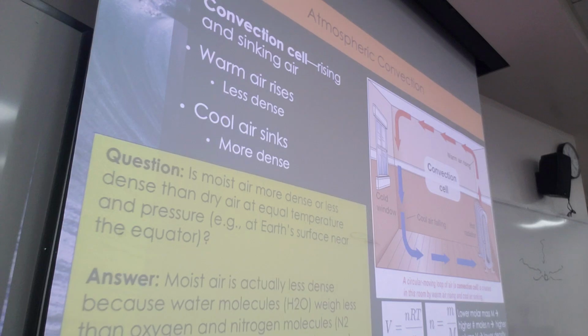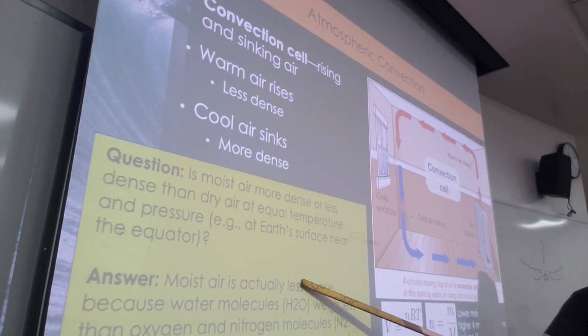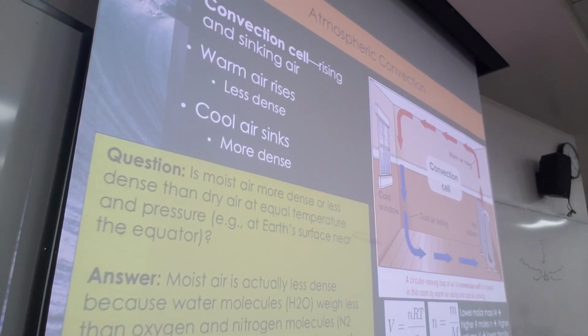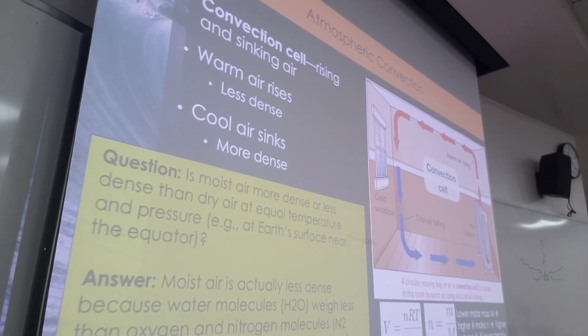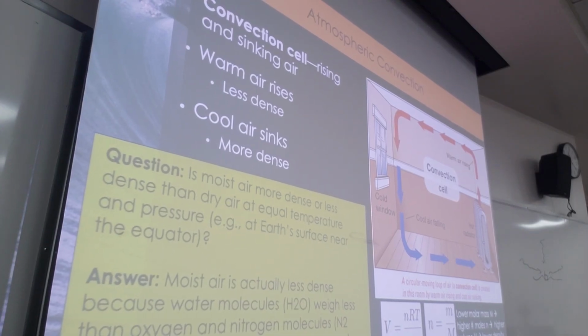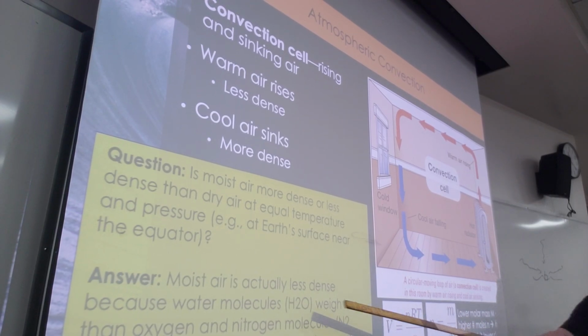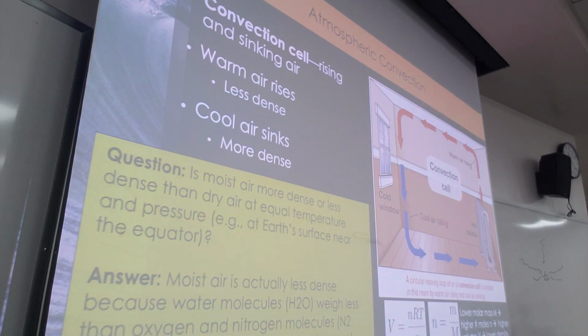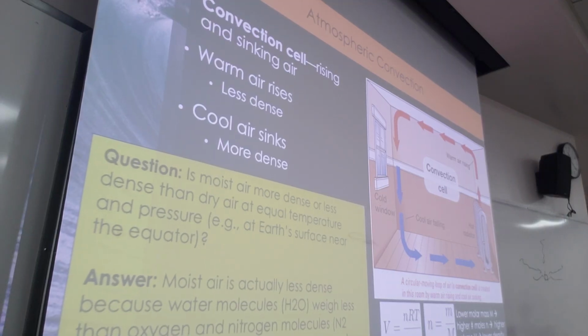And the reason is because if you think about a water molecule, it is H2O, and that water molecule actually weighs less than oxygen and nitrogen molecules. Because these hydrogens, their molecular weight is pretty small, whereas O2 and N2 have higher molecular weights.